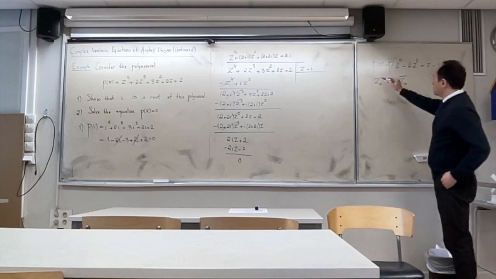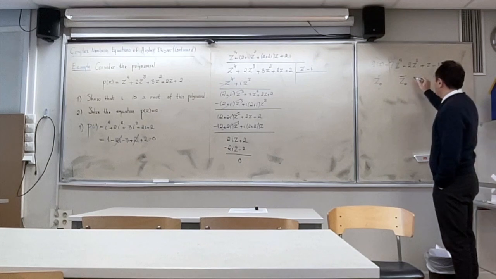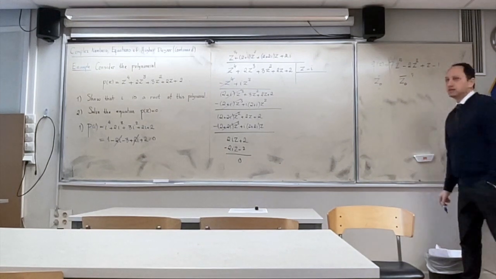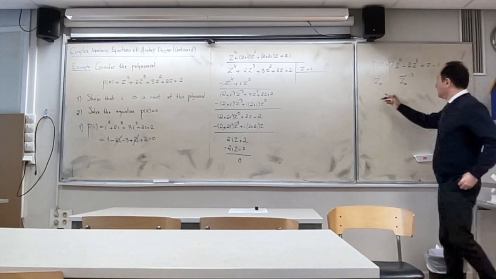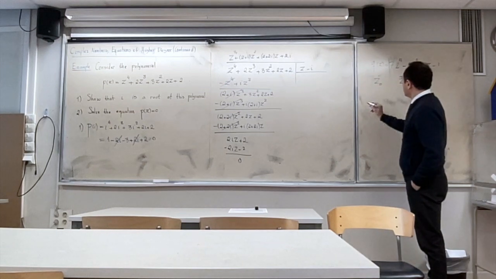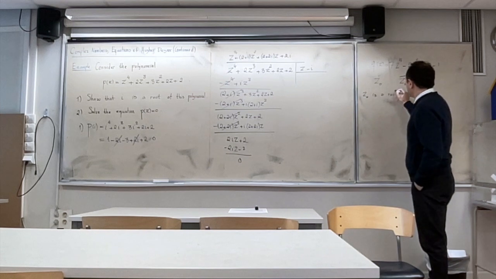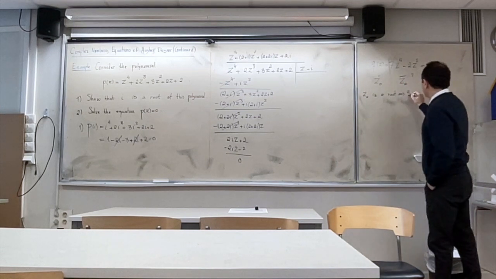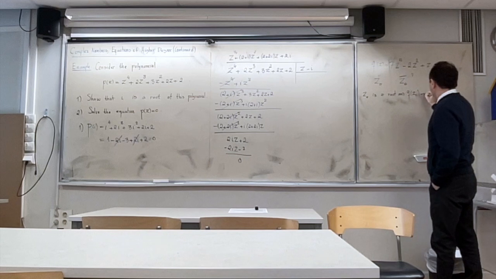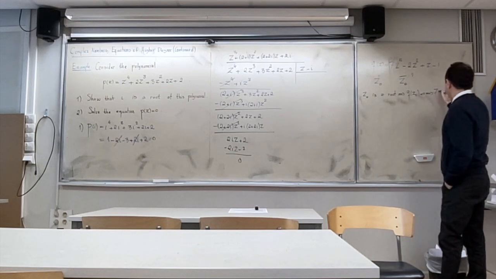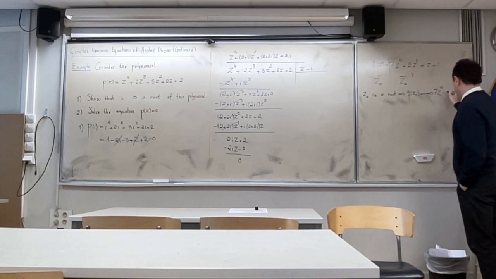So this is granted to be a root. I want to confirm that this is indeed a root always. Why is that? When you say z naught is a root, it means that q of z naught is 0. This means that 7z naught to the 5th minus 2z naught squared plus z naught minus 1 is 0.